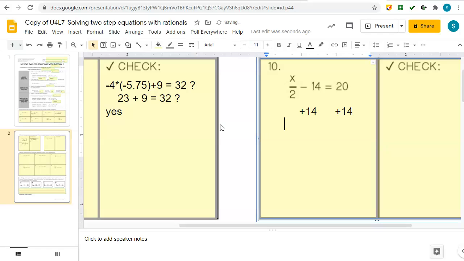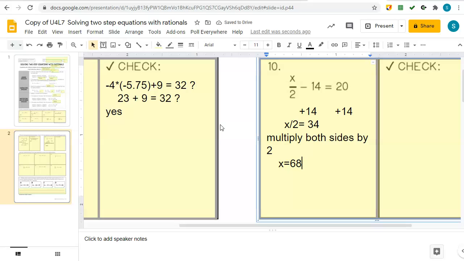And that gives me x divided by 2 equals 34. How do I get rid of divide by 2? I multiply both sides by 2. And then I get x equals 68.